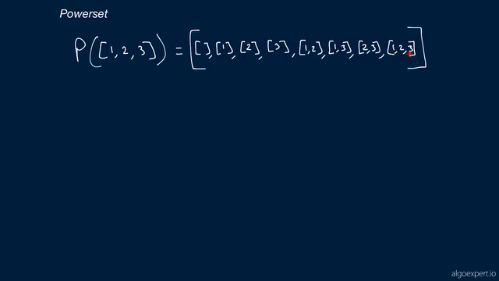We have the set in question, 1, 2, 3. Then we've got all subsets of length 2 of 1, 2, 3, which are 1, 2, 1, 3, and 2, 3. Then we've got all subsets of length 1, which are 1, 2, and 3. And then finally, we have the empty set.